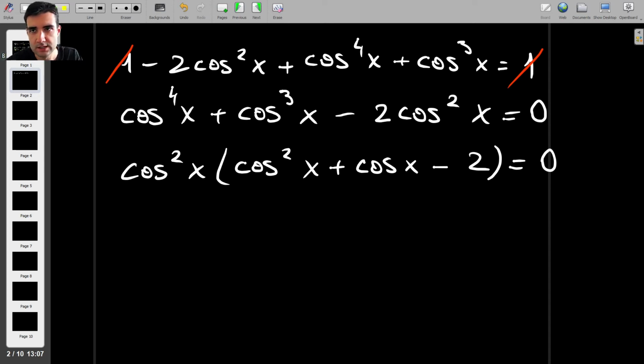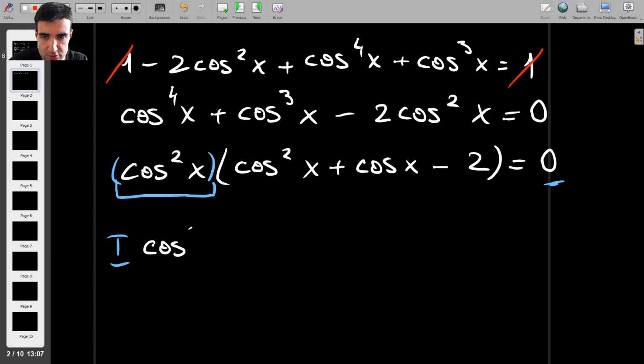Okay, the first one is the fact that cosine squared might be equal to 0, right? Because when you have two things like this, which multiply together and the result is 0, it means either of them is equal to 0. So in the first case, we have cosine squared of x equals 0. So that's a solution, but now we have to find out what x should be, okay?